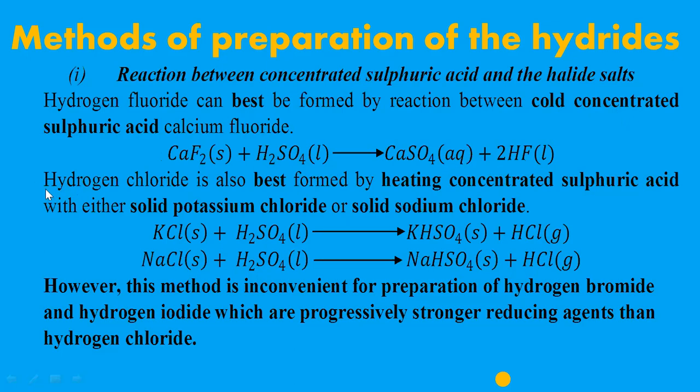Victor, how can we prepare hydrogen chloride in the laboratory? Hydrogen chloride is also best formed by heating concentrated sulfuric acid with either solid potassium chloride. Is it my network or Victor's network?